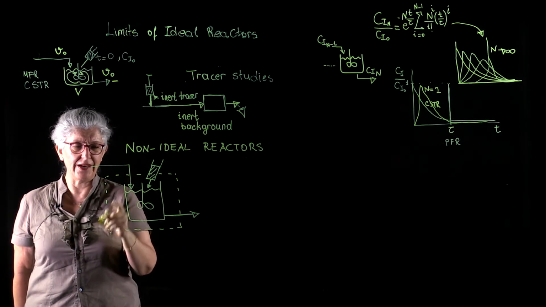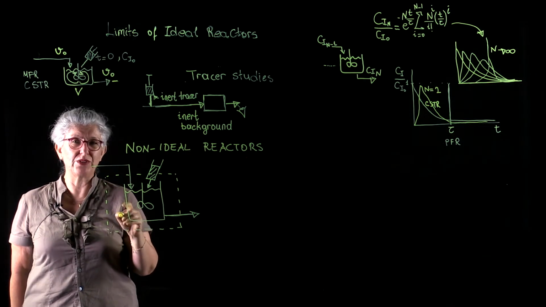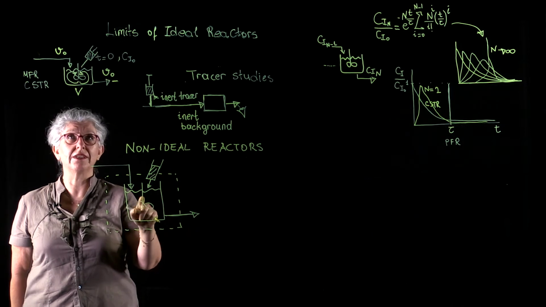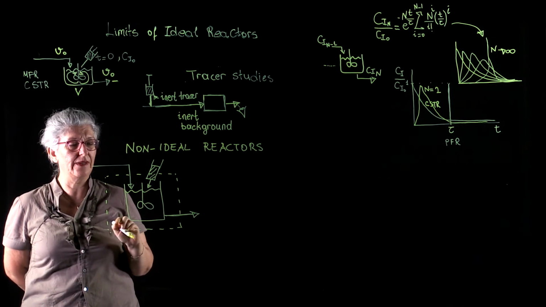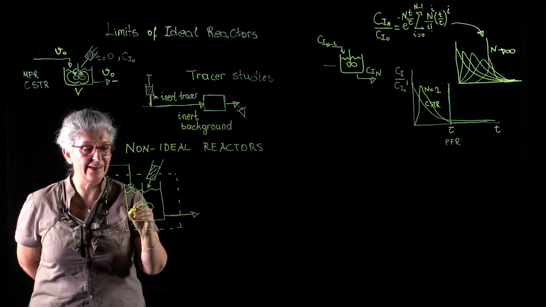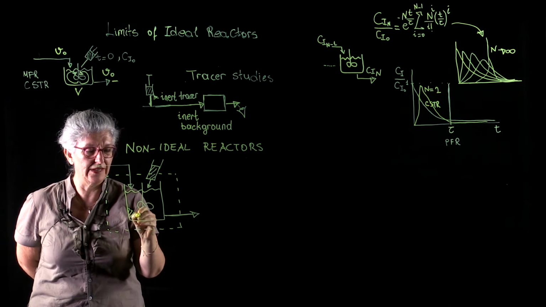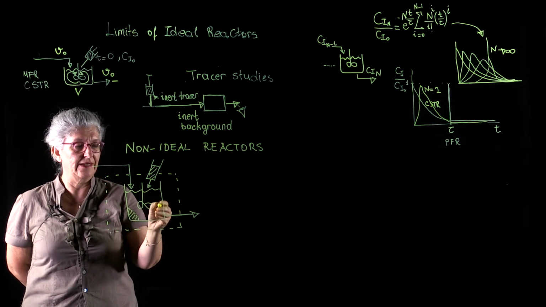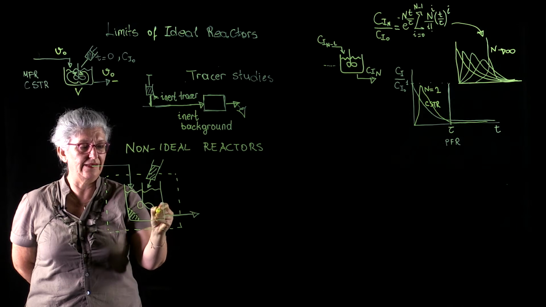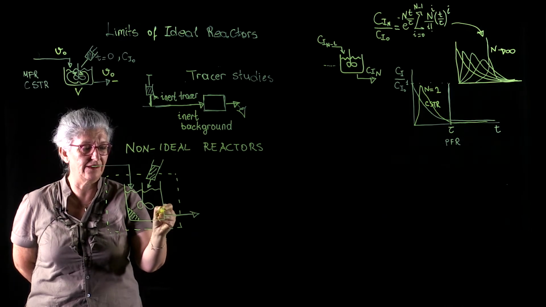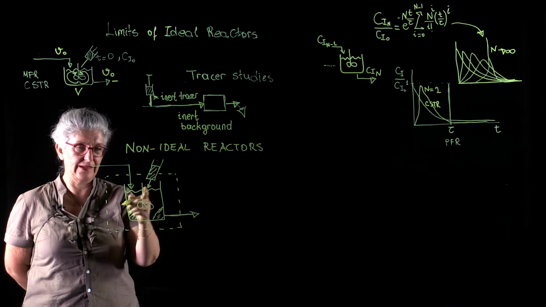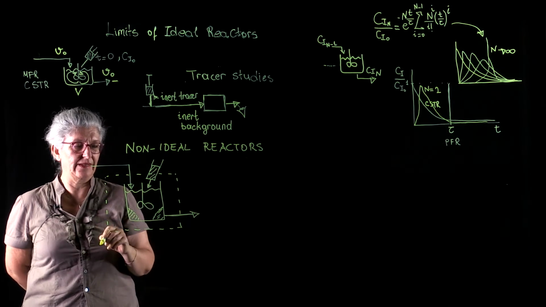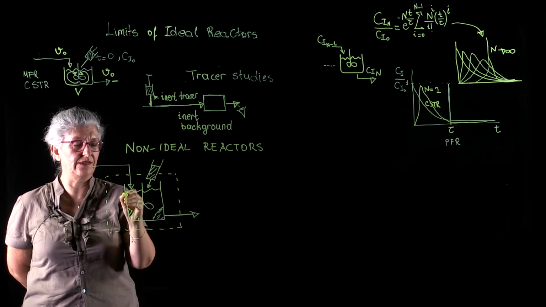Now in this non-ideal CSTR, which is relatively large in comparison to the typical CSTRs that I was drawing, we might have dead zones, where the impeller is not sufficiently large to mix the contents at the corners of the reactor.